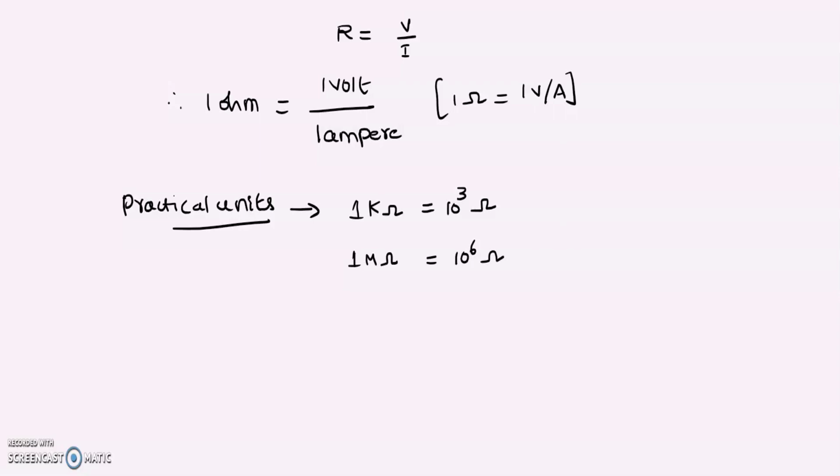The low resistances are measured in milli ohms. 1 milli ohm is equal to 10 power minus 3 ohm. 1 micro ohm is equal to 10 power minus 6 ohm.